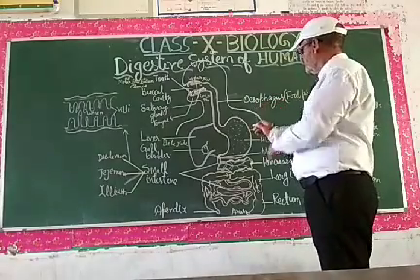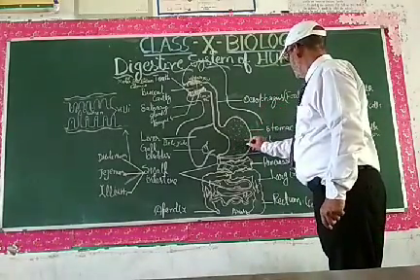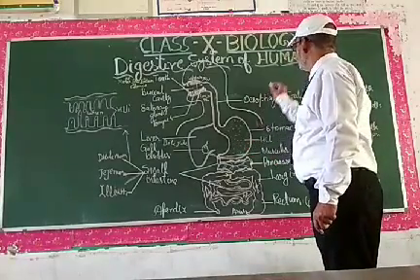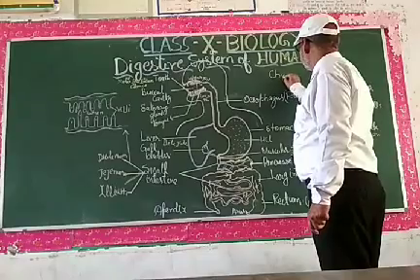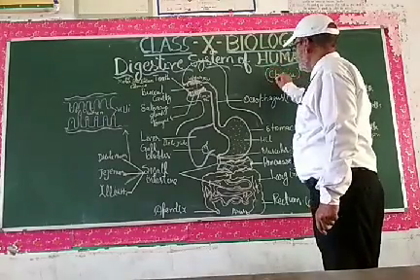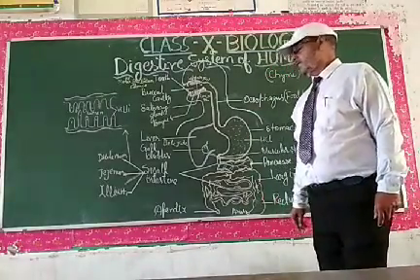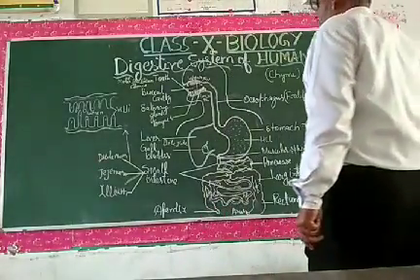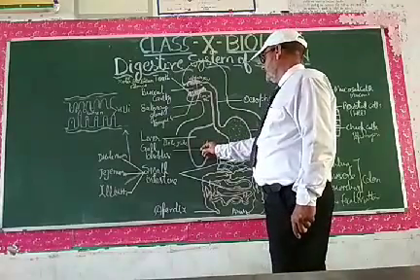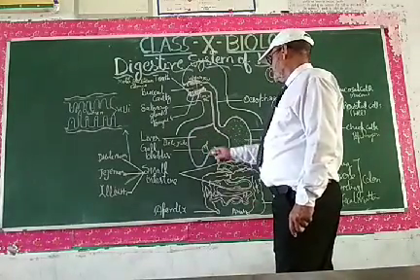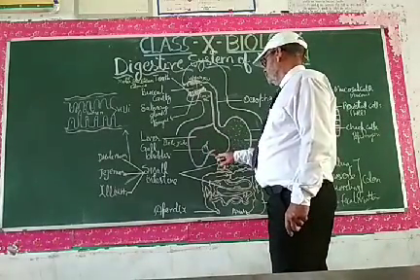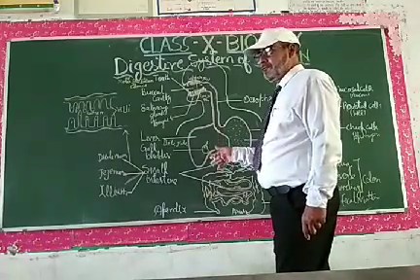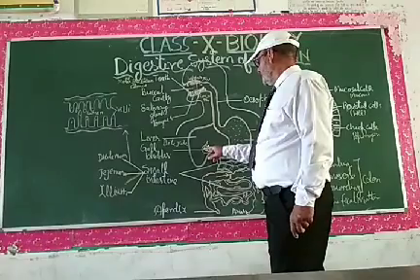Dear students, when the food becomes chyme, then it will be able to enter into the small intestine. This bile juice produced by the liver is stored in the gallbladder, and whenever required, it comes to the small intestine to change the medium of the food, because bile is a basic medium.